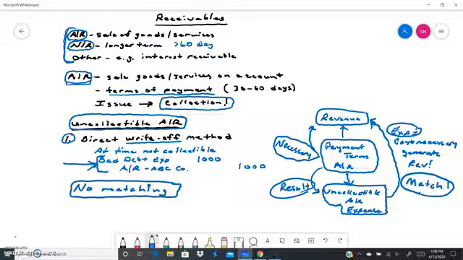So essentially what we need to do is when we have a sale or revenue, we're going to have to match that with our bad debt expense in the same period.